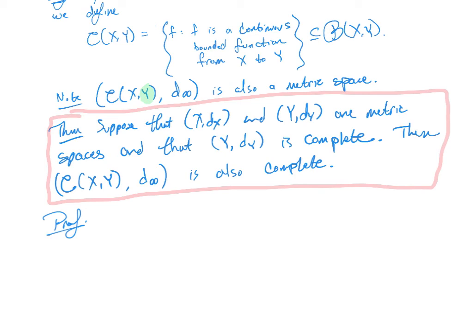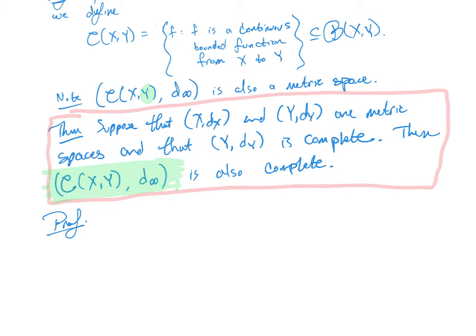So if we have a sequence that converges in this metric space, then by the result we just proved, the sequence is converging uniformly. And by the result from Monday, it converges uniformly to a continuous function, and therefore the limit of that sequence is also in this space. That has nothing to do with the proof of this. That's just an observation to make. If that weren't true, then this result wouldn't be true.